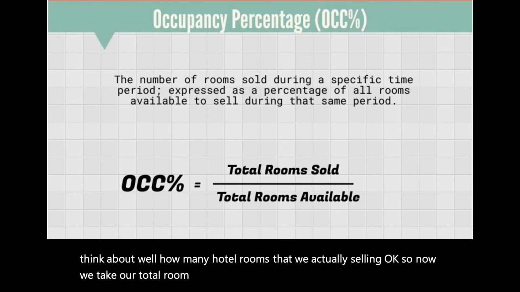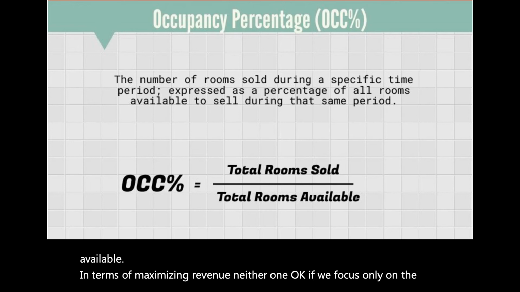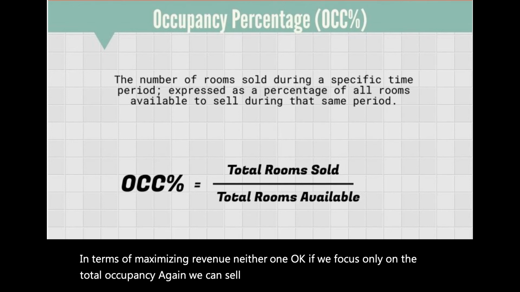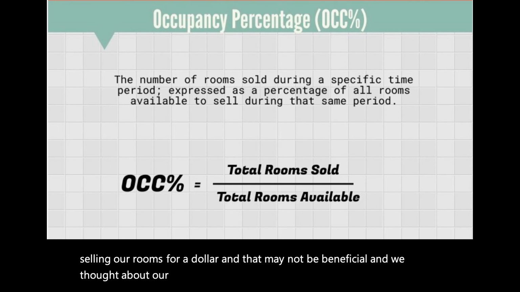Now, in terms of maximizing revenue, neither one works. If we focus only on the total occupancy, again, we can sell out our hotel rooms, but we could be selling our rooms for $1, and that may not be beneficial. And if we thought about our previous example with ADR, if we only sold one hotel room, that probably wouldn't be beneficial either.